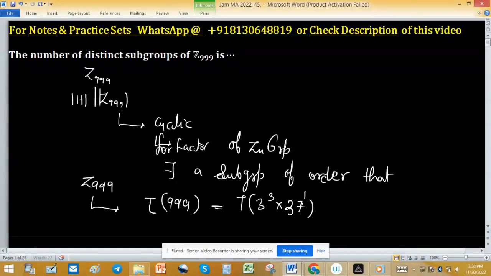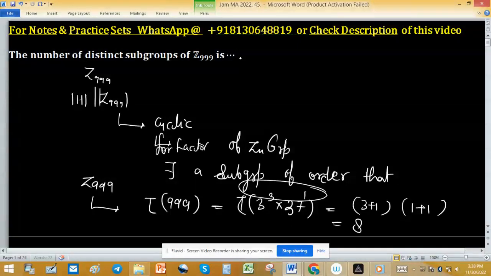The value of tau will be 3 plus 1, meaning we add 1 to the powers, and 1 plus 1, so finally 8. So the number of distinct subgroups is 8.